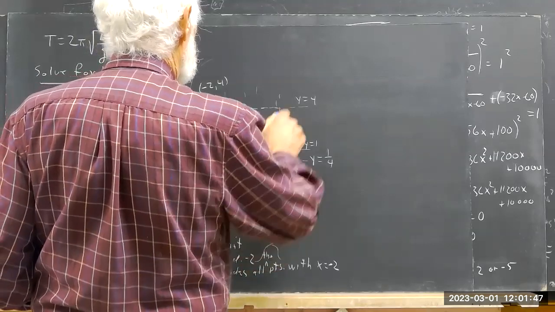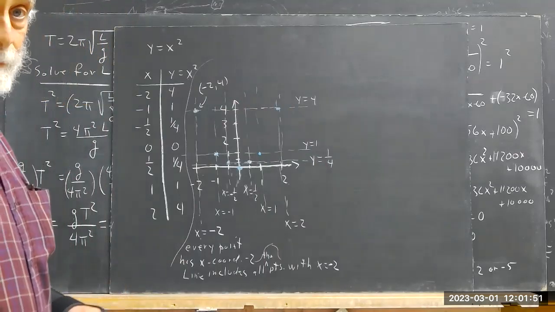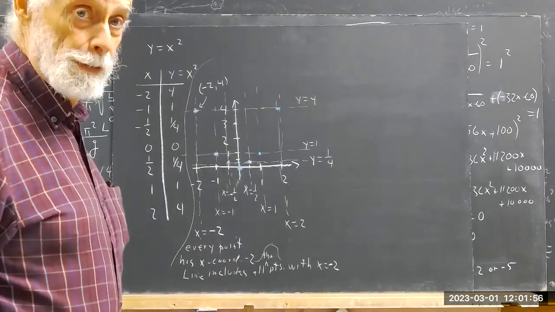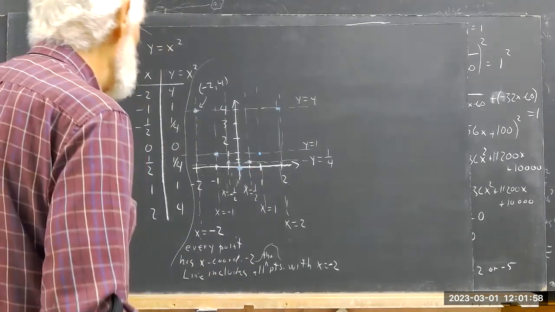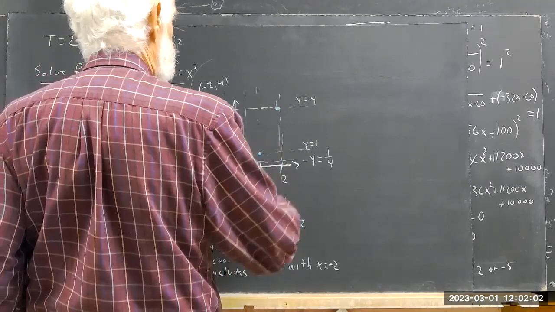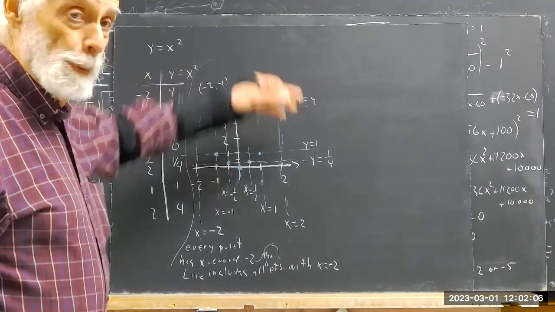I'll put these points in blue. Now, I labeled this one, I could label all the rest of them, but I'm not going to go to that trouble. I'll label a couple of them. Okay, so there we have it.